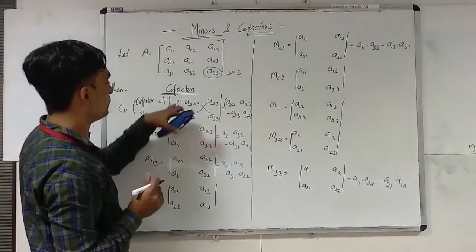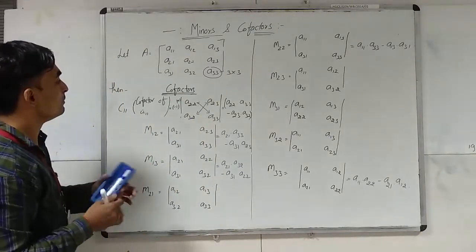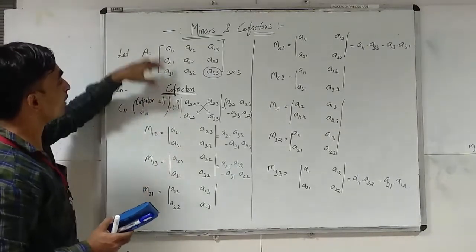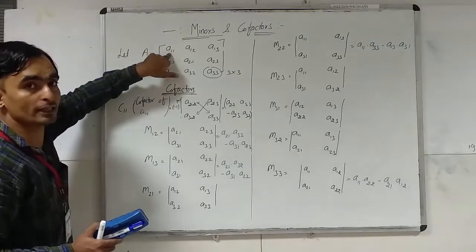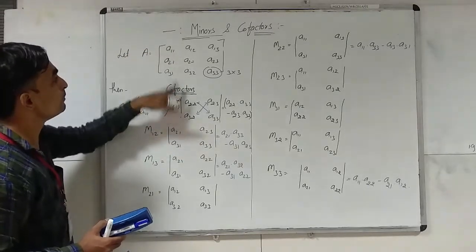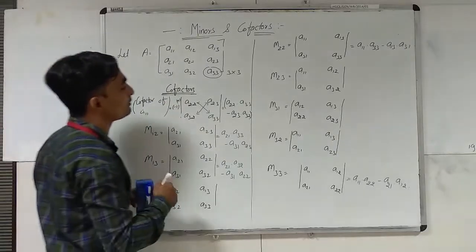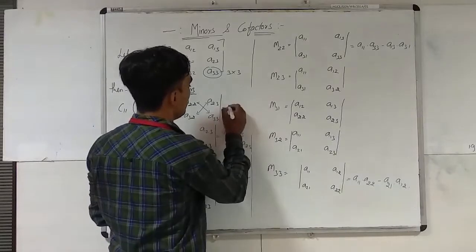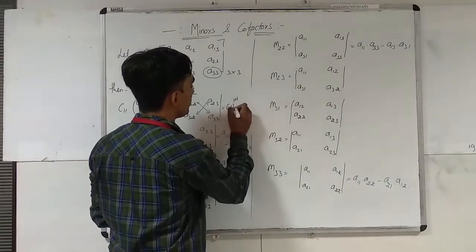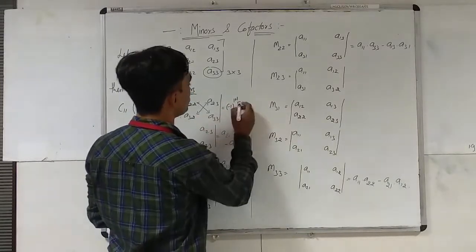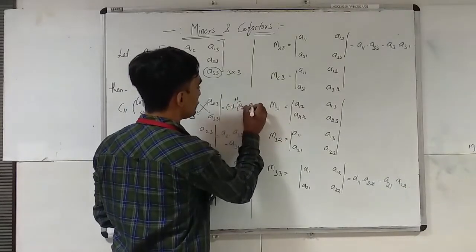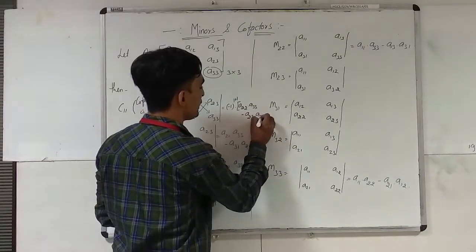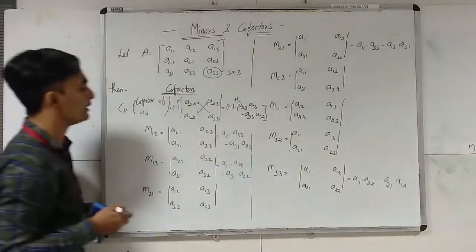So the cofactor is nothing but minus 1 power the sum of the element's address, into the minor. You can solve this as minus 1 power 1 plus 1 into bracket A22 into A33 minus A23 into A32. This way you can solve.